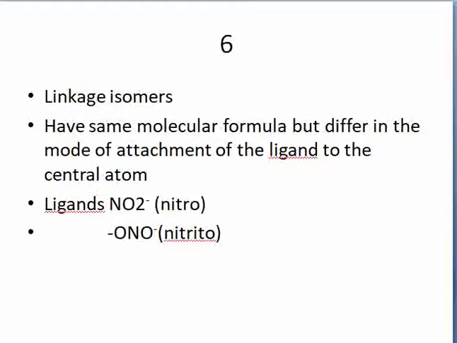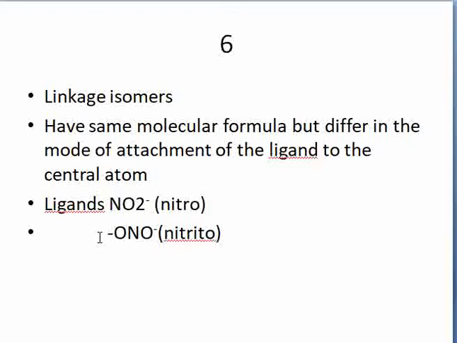Next one, linkage isomerism. We can expect questions based on this. All the isomers have the same molecular formula but differ in the mode of attachment. Here the ligand is NO2-. If nitrogen is attached to the central metal atom, it is called a nitro ligand.